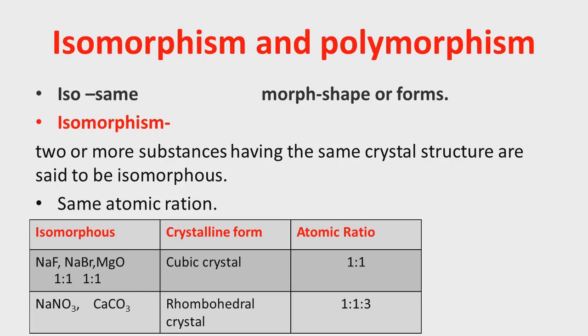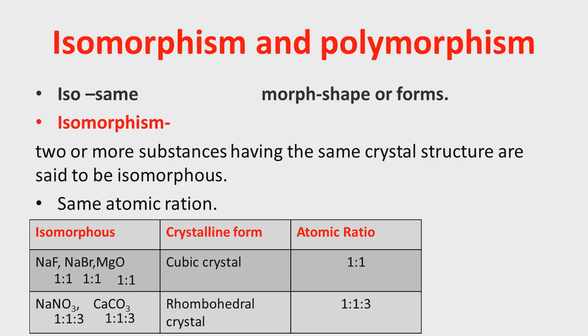In MgO there is only one magnesium atom and one oxygen atom, and therefore the atomic ratio is 1:1. Similarly, in NaNO3 there is only one sodium atom, one nitrogen atom and three oxygen atoms, and therefore the atomic ratio is 1:3. In CaCO3 there is only one calcium atom, one carbon atom and three oxygen atoms, and therefore the atomic ratio is 1:3.